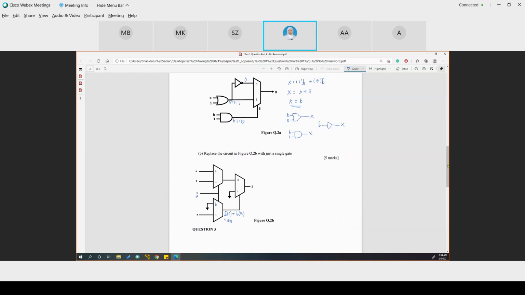And this one, if the selector is E bar 0, okay, and the selector is here, it is AB bar plus B.